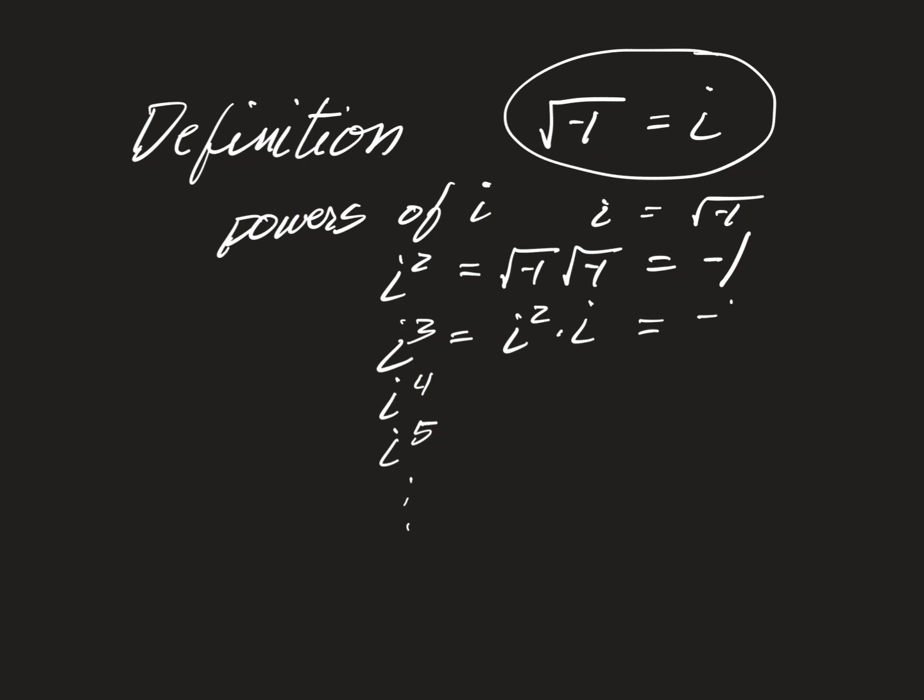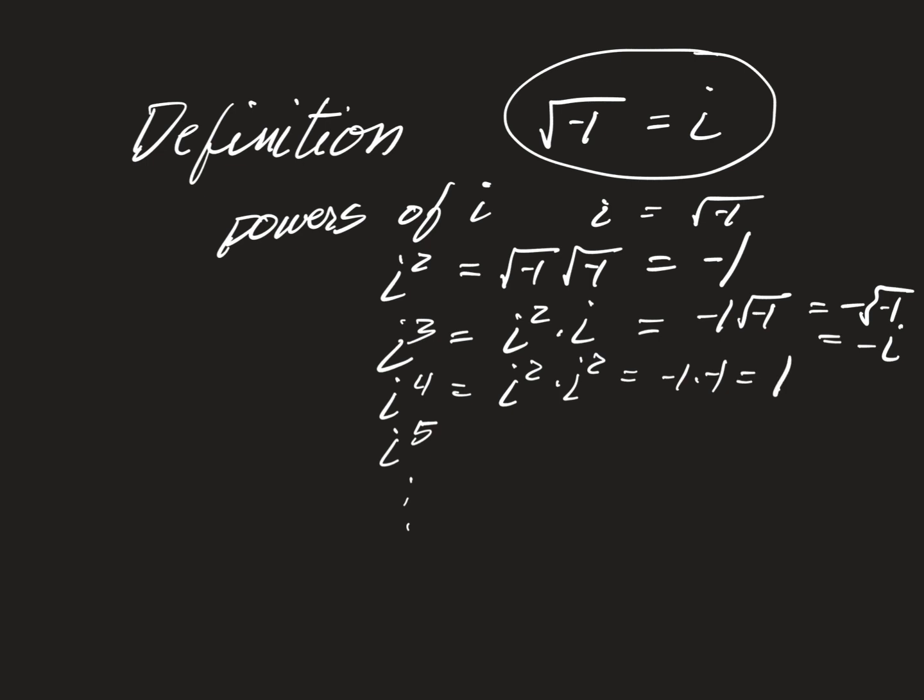So it will be -1 times square root of -1, or negative square root of -1, which is -i. So i cubed is -i. i to the fourth is i squared times i squared, or -1 times -1, which is 1.